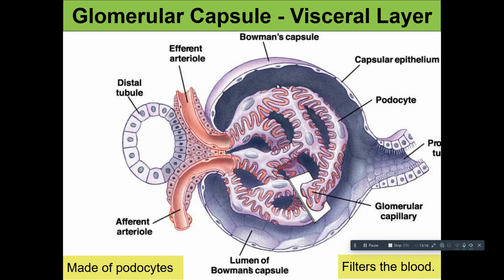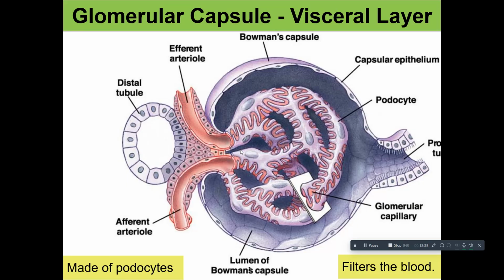Now, like I said, the glomerular capsule has 2 layers, an inner and an outer layer. The inner layer is called the visceral layer, and it is made out of these light purple-looking cells here called podocytes. So this is one podocyte right here. There's its nucleus, its cytoplasm, I see its membrane, and its many extensions.